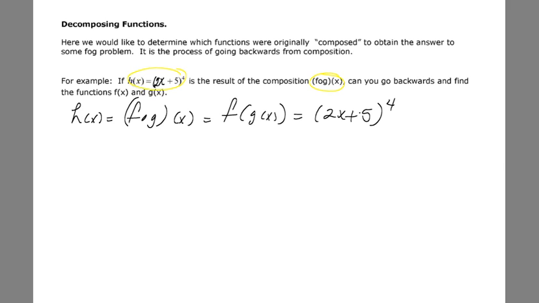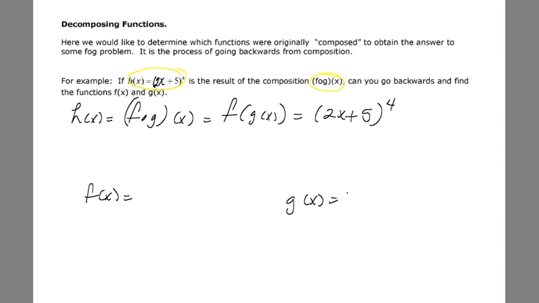So 2x plus 5 to the 4th power is what they're calling h, but it's the result of taking 2 functions and composing them together. We want to go backwards and find out what was f of x and what was g of x originally. What were the 2 functions originally that were composed to get me to that result?